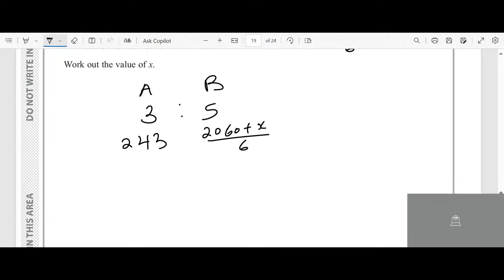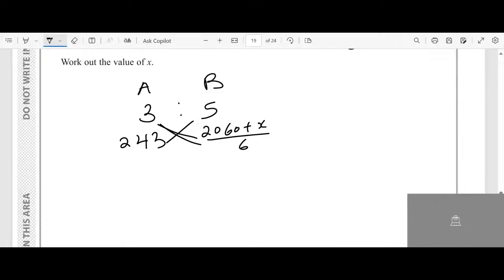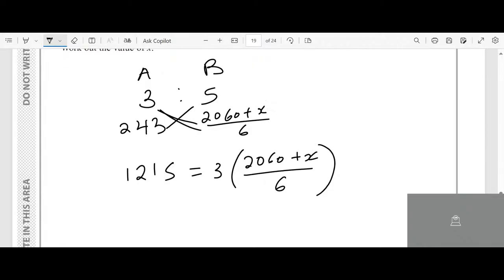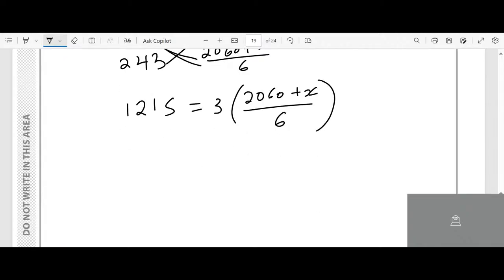So we are going to cross multiply. Therefore, we have 243 times 5, which gives me 1215. 1215 is equal to, I will go step by step because it is 3 into 2060 plus x divided by 6. Because it is affecting everything, we'll just have to say that 3 over 6 times 2060.